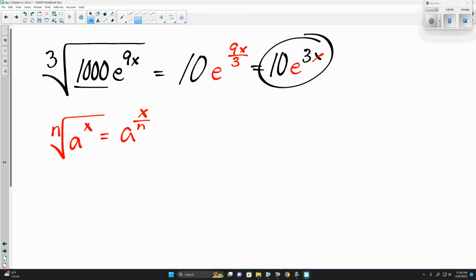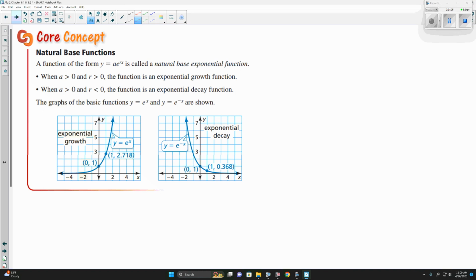Are you ready for the hard part? Yes? Oh, there's a hard no. The natural base e function. When a, the number in front of e, is greater than 0, and the number in front of x in the exponent is greater than 0, then it is exponential growth.